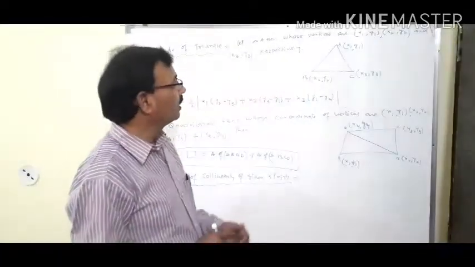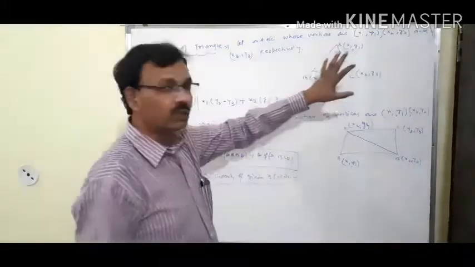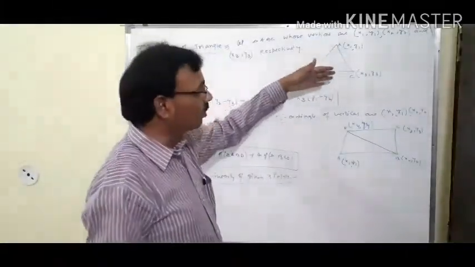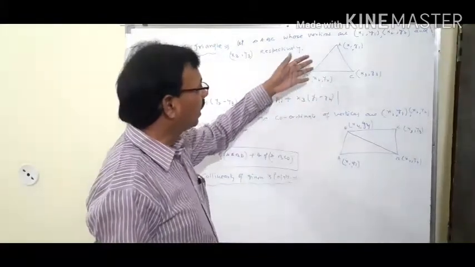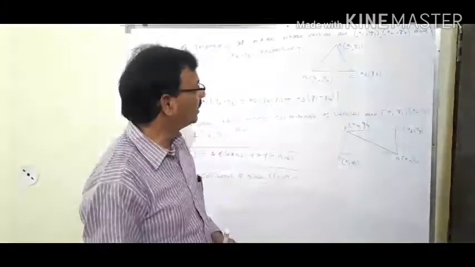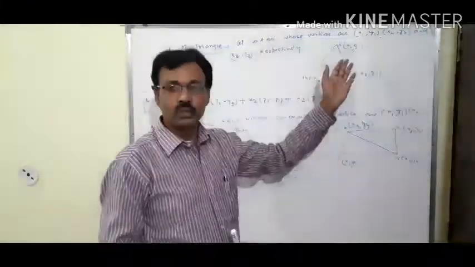Suppose A, B, C are given 3 points. If A, B, C are not collinear, that means all points do not lie on the same straight line, then a triangle is possible.